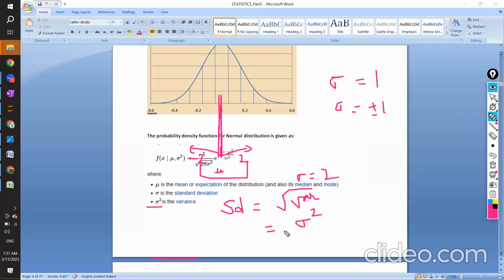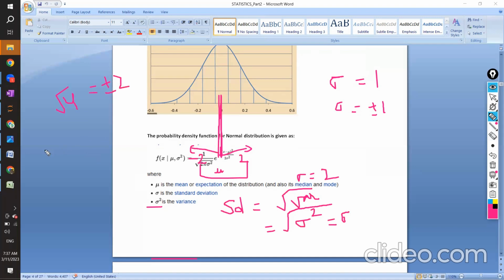Now standard deviation is the square root of this, that is just rho. Clear? Now a square root will be plus or minus, right, guys? What is the square root of 4? Plus or minus 2. I hope you guys know this, right?